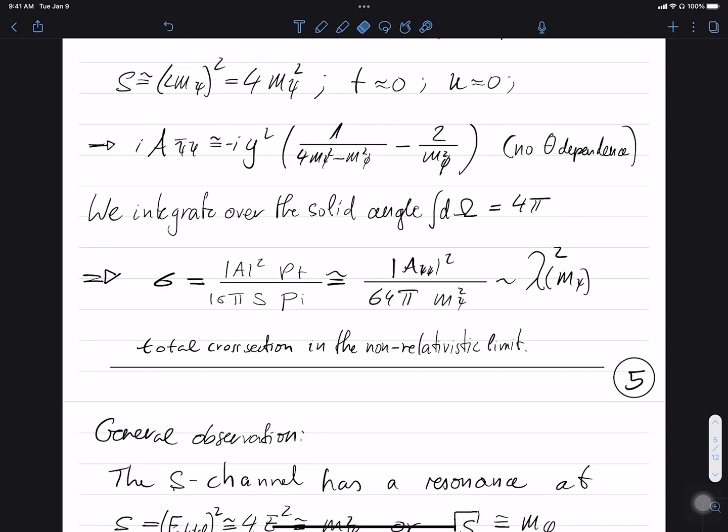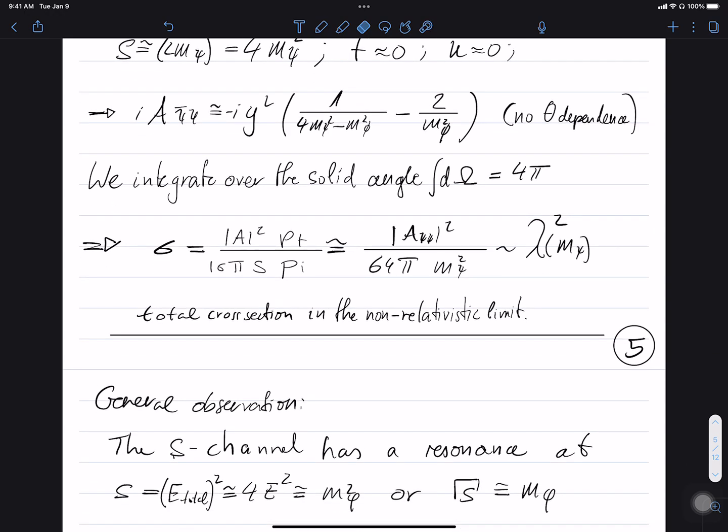Excellent, yes. So we now have this expression, and what we observe is that it's proportional to 1 divided by m psi squared here. And remember that the de Broglie wavelength of a particle is given by 1 divided by its mass.